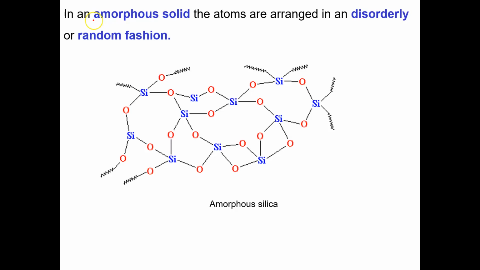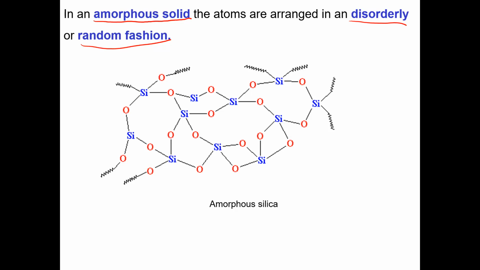Now, not every solid is a crystal. There are what we call amorphous solids, in which the atoms that make up that substance are arranged in a disorderly or random fashion.